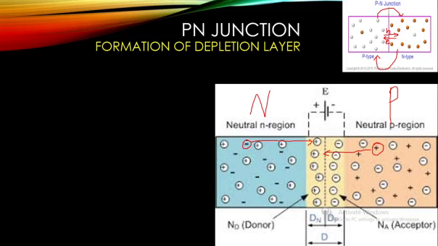At the junction they will combine. These are the dopant or parent atoms whose electrons have combined with the holes from the other side. So the acceptor atoms, after their holes are gone, leave behind negatively charged parent ions on one side, and the donor atoms, when their electrons are gone, leave behind positively charged parent atoms.